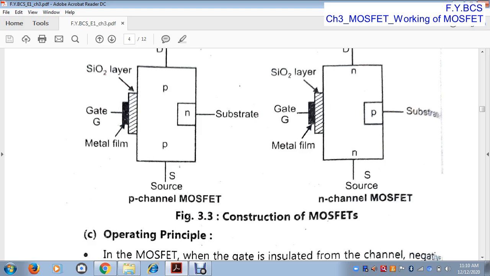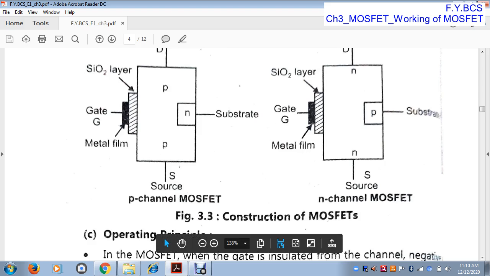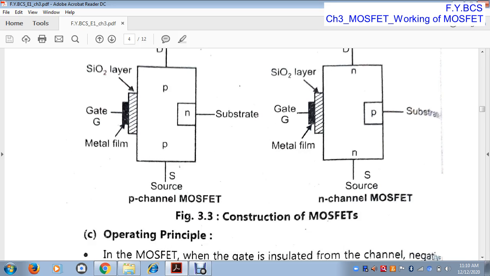On both the plates there is some charge. In this way, this gate and this channel also operate as a parallel plate capacitor because they are separated by an insulating material. So if we provide the voltage on the gate to source terminal, this arrangement works as a parallel plate capacitor.